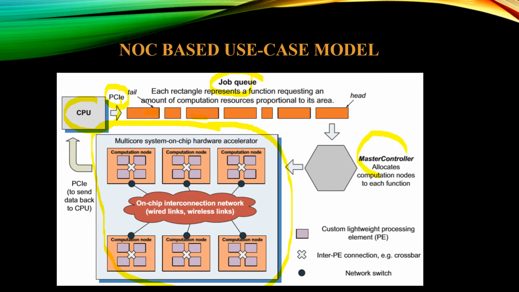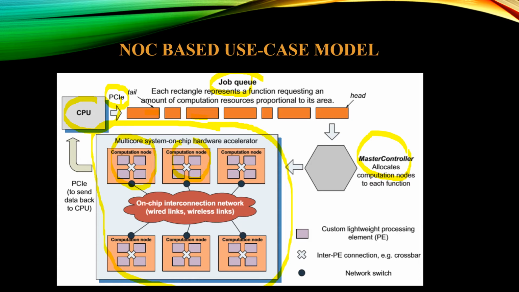This is the master controller, and its duty is to allocate computational nodes to each function. These are the computational nodes, and each computational node is custom designed and lightweight, embedded in the NOC.